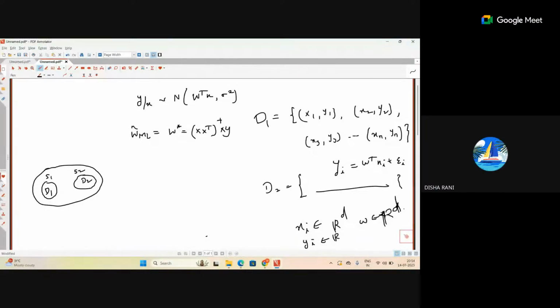A sample. Let's say you are taking it randomly, and you have W hat ML for data set D1. If you choose another thousand randomly, it is possible that some of the houses in data set 1 and data set 2 are the same, because we are choosing randomly.